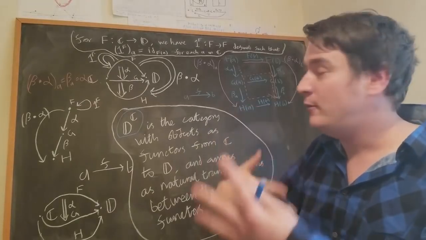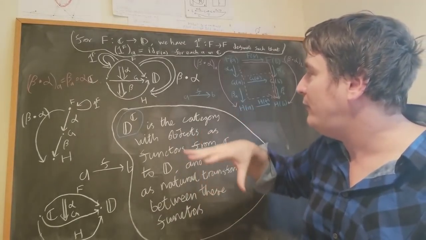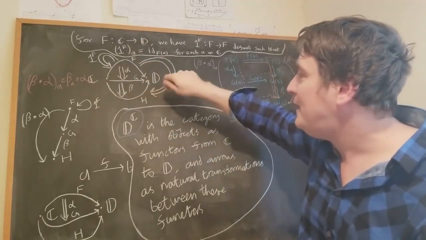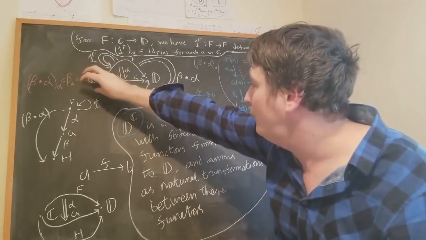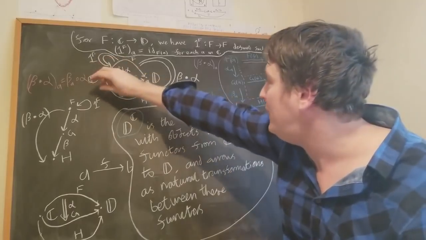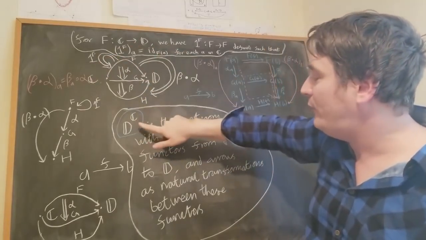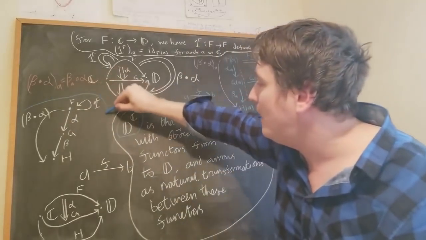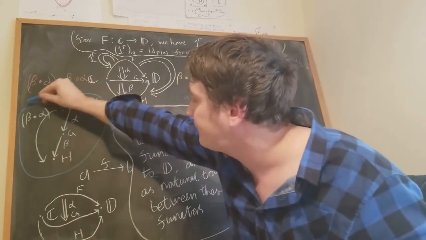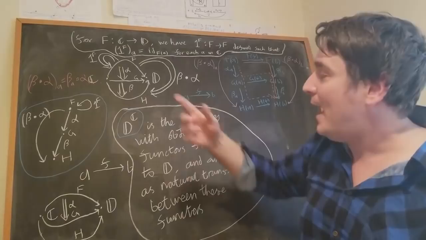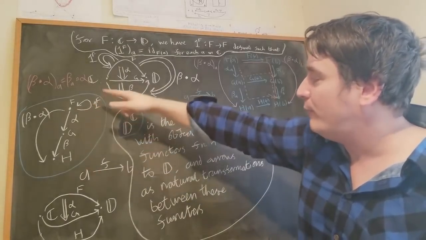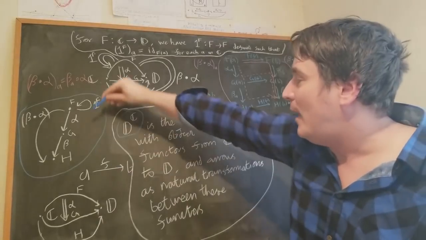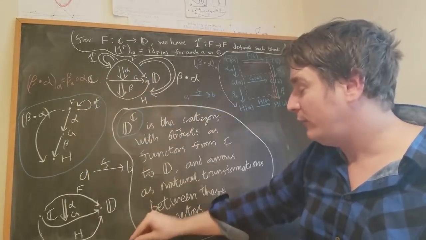And now we have yet another view, another picture, which is to think about all these arrows going from C to D, all the possible functors from C to D, and that gives us this category, which gives us this picture here, where now we have objects representing the different functors, and the arrows between them are now these natural transformations.